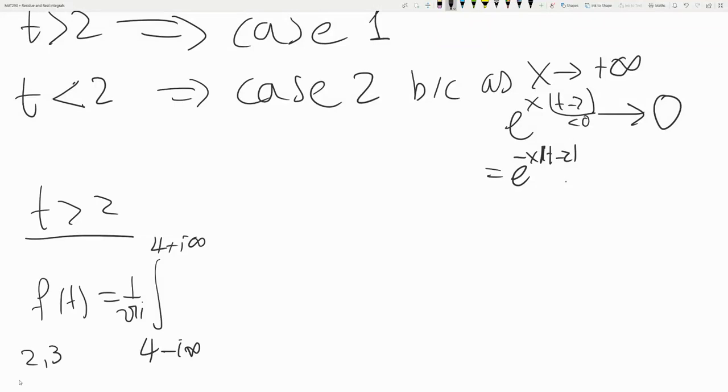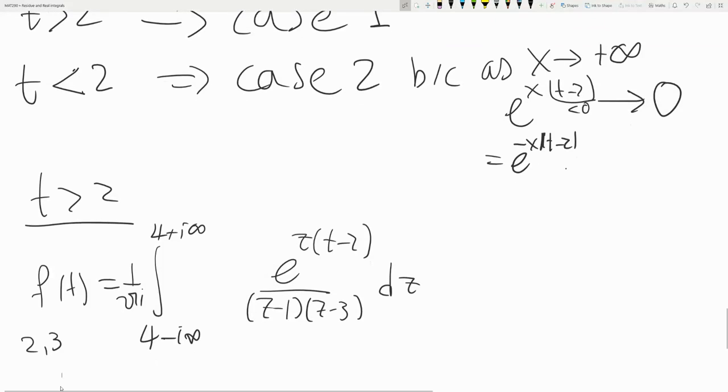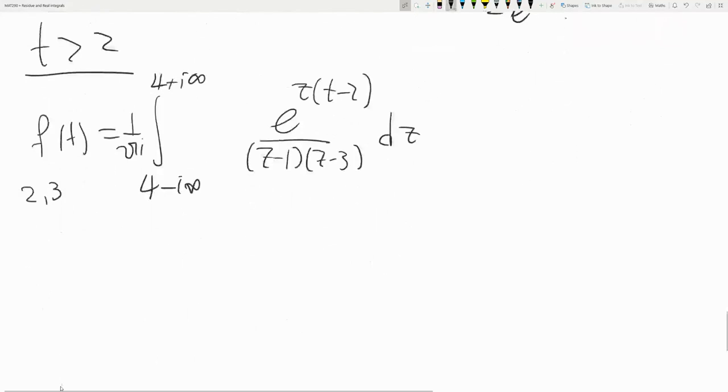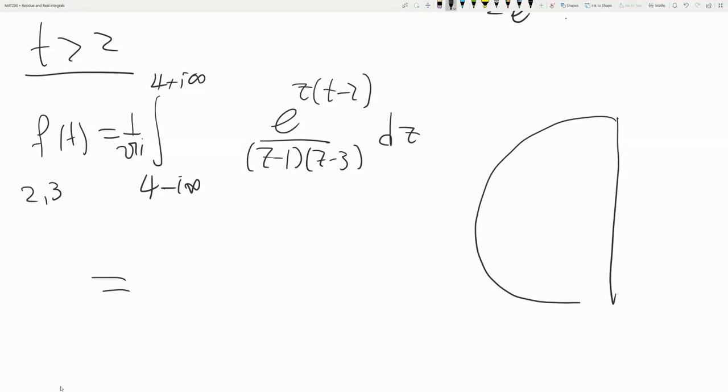Then we have e to the z(t minus 2) over (z minus 1)(z minus 3) dz. By the theorem, let me just get straight to it. We have two poles, so two residues.